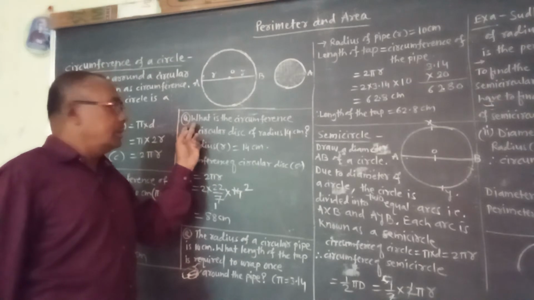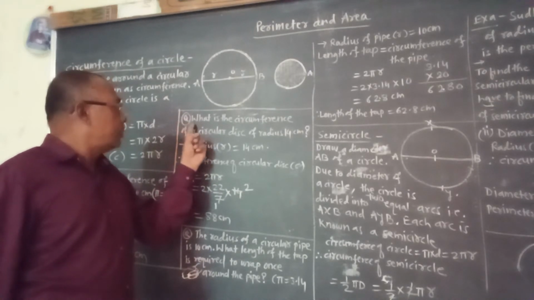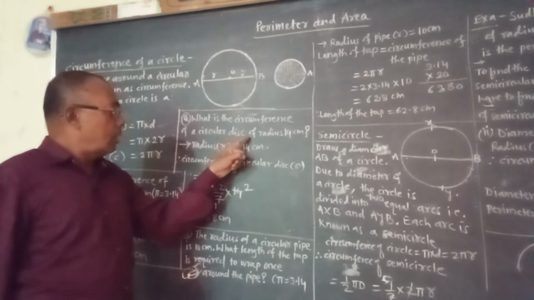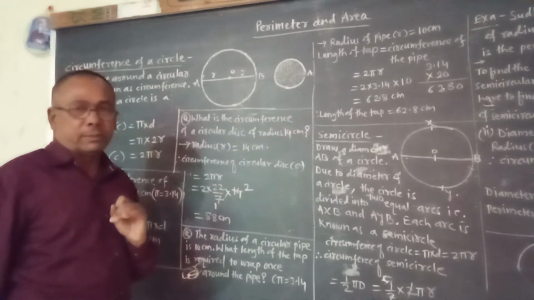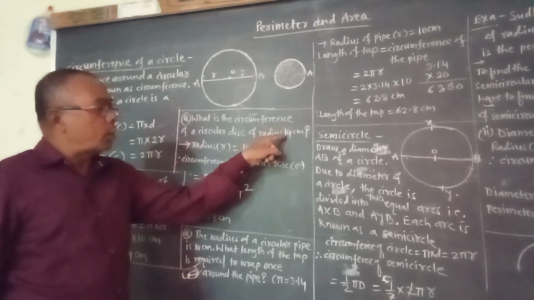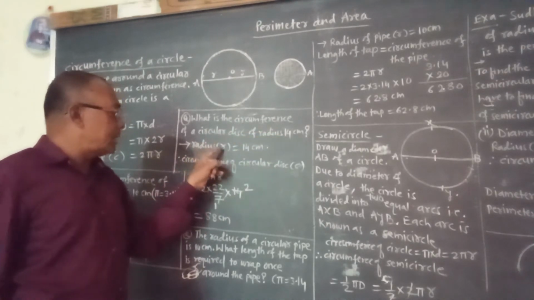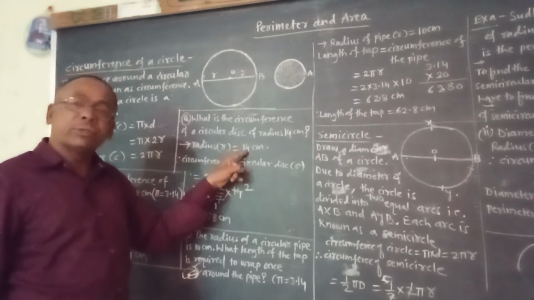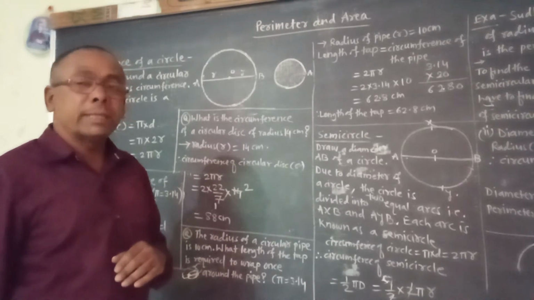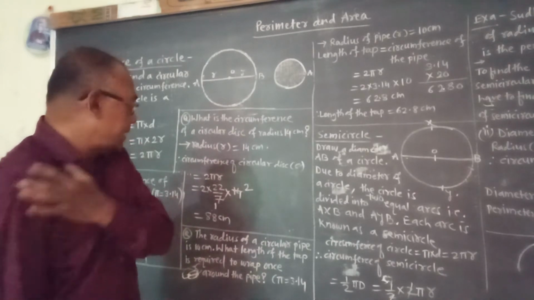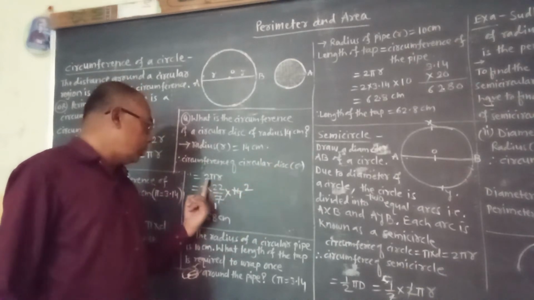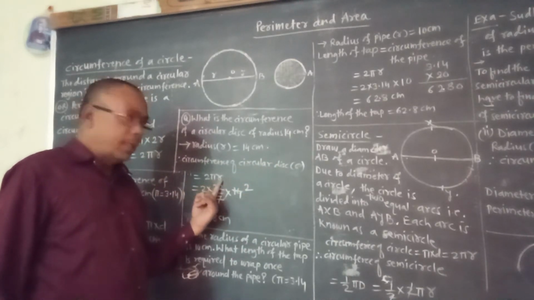Now we will see the second example. What is the circumference of a circular disc of radius 14 centimeter? Now radius is given and that is 14 centimeter. So radius r is equal to 14 centimeter, and therefore we can apply the second formula to find the circumference. That is circumference of circular disc C is equal to 2 pi r.